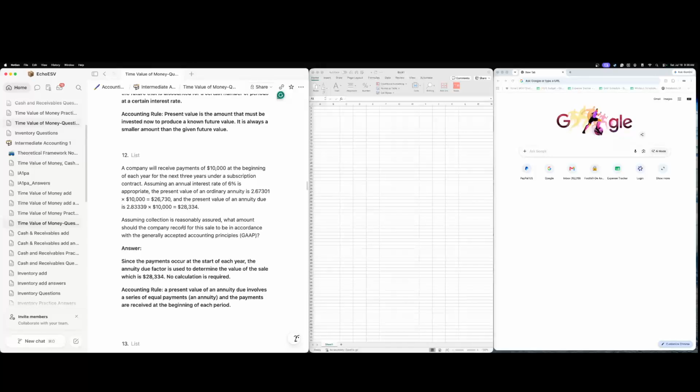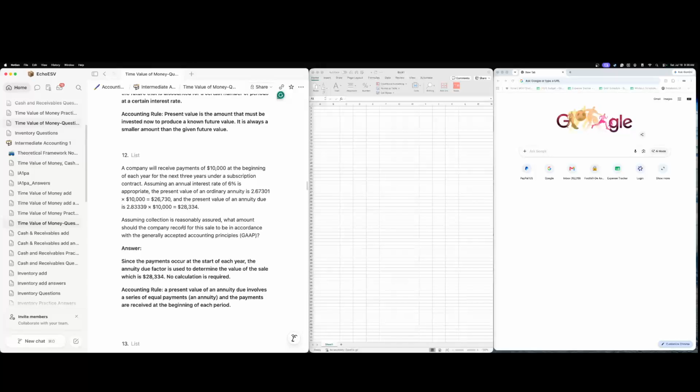So the ordinary annuity is the present value of the ordinary annuity, 626,730. Present value of the annuity due. So the thing is, annuity due are payments made at the beginning of the year. The ordinary annuity is payments made at the end of the year.